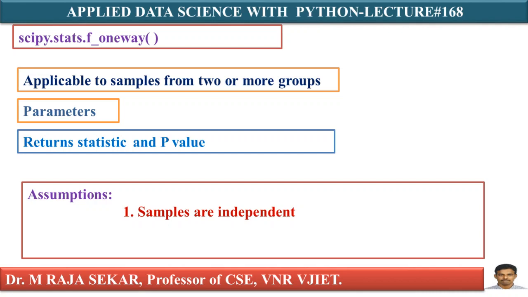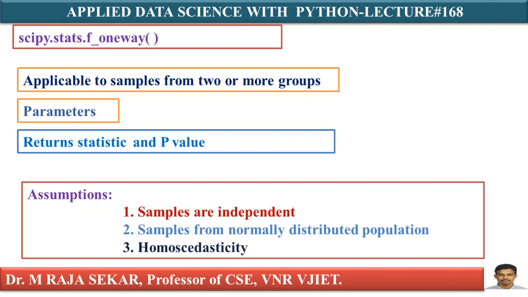My second assumption is that each sample is from a normally distributed population. My third assumption is that the population standard deviations of the groups are all equal. This property is known as homoscedasticity. Homoscedasticity means the population standard deviations of the groups are all equal.